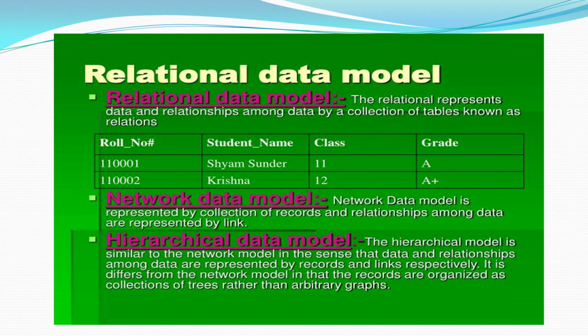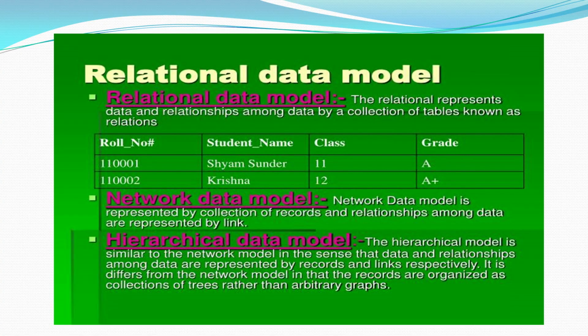In the relational data model, the relationship among the data is represented in a tabular structure, while in the network data model the records and the relationship among the records are represented with the help of links. Here the data are stored in records and the relationships among the records are stored with the help of links in the network model.